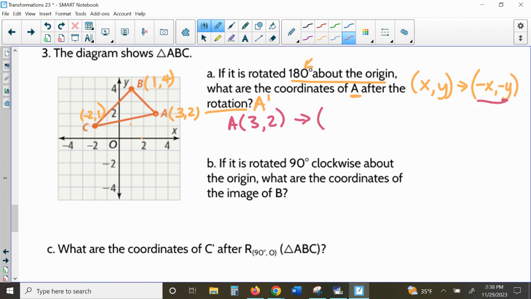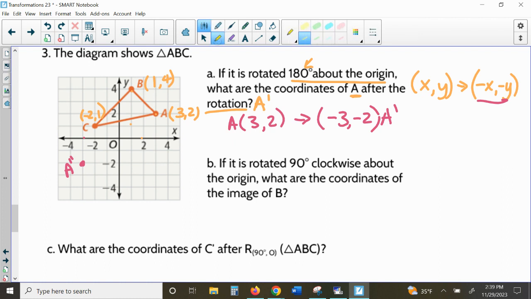So my new A prime should be at -3, -2. So it should be down here for my new A prime. So you can do the whole triangle. You can pause the video, do the whole triangle if you want, and see if it ends up there.